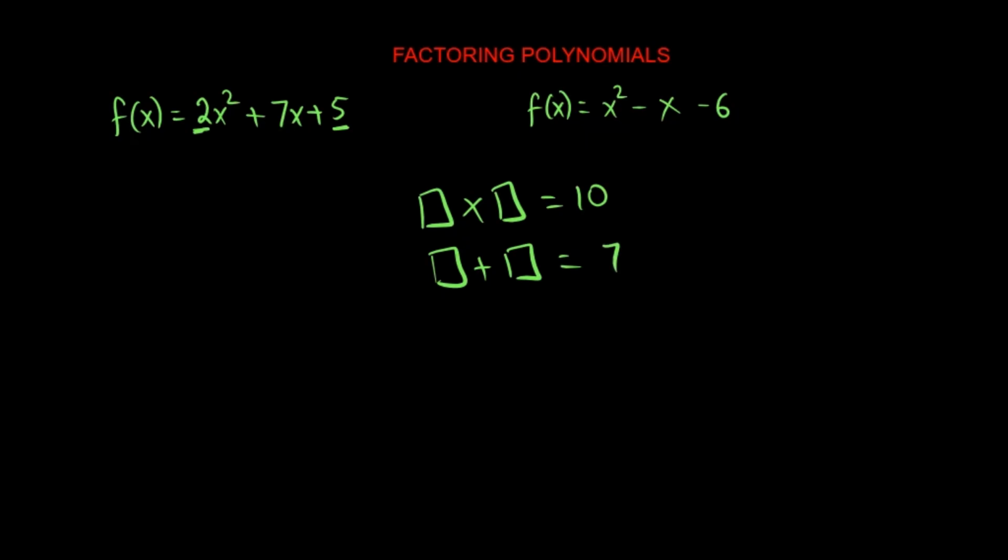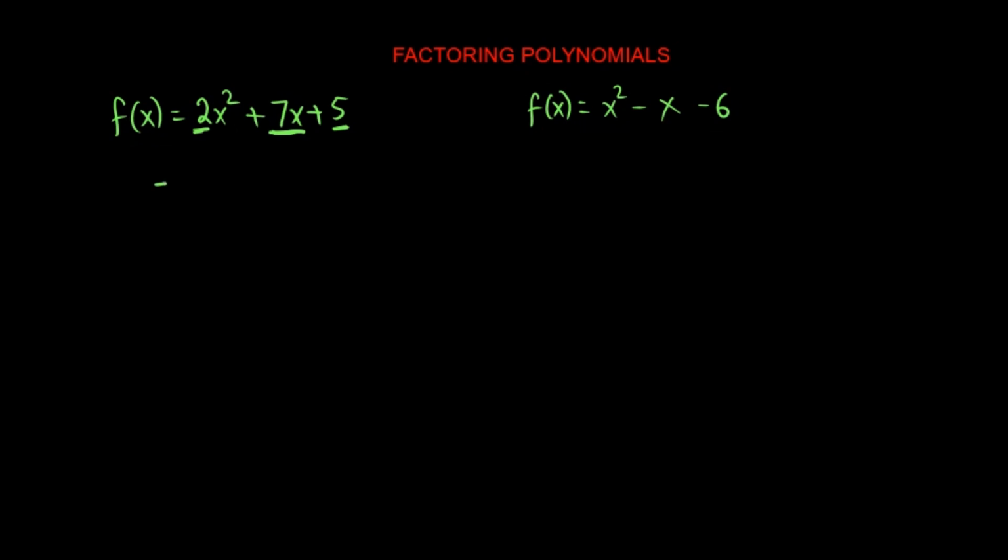If you think of two numbers that multiply to become 10 and add to be 7, those would be 2 and 5. 2 times 5 is 10 and 2 plus 5 is 7. So the numbers are 2 and 5. Once you have the numbers, you will break this middle number into 2 and 5, those two numbers that we found.